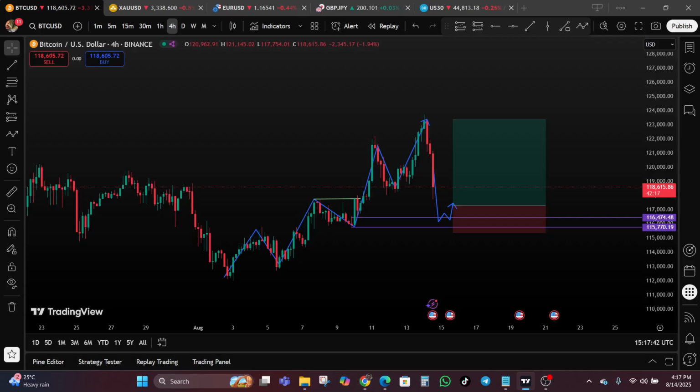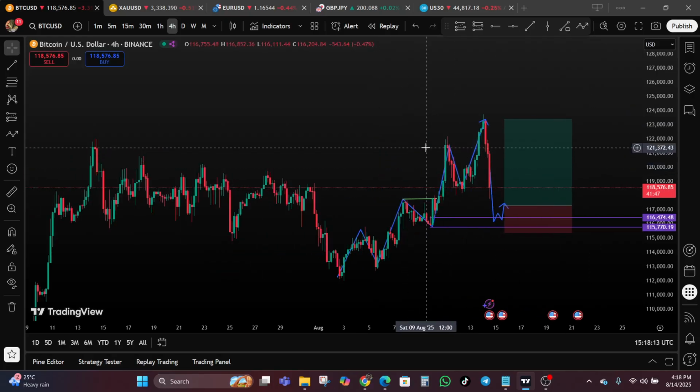Patience is actually critical with this strategy. You must be patient if you want to be successful with this strategy. So when you combine higher time frame order blocks, structure analysis, precise entry confirmation, and disciplined risk management, then you create a repeatable crypto trading strategy that can adapt to any market condition.